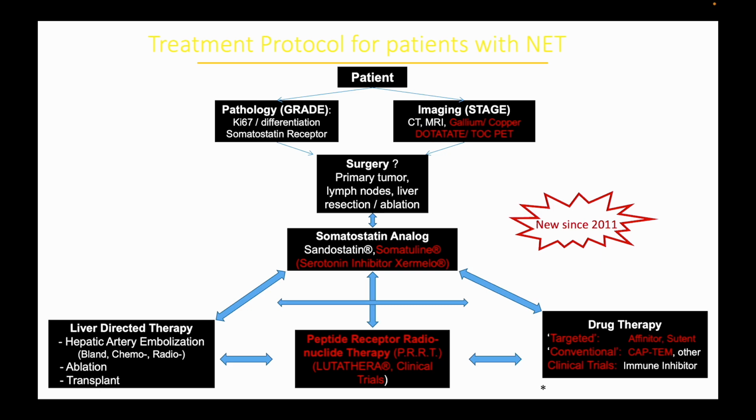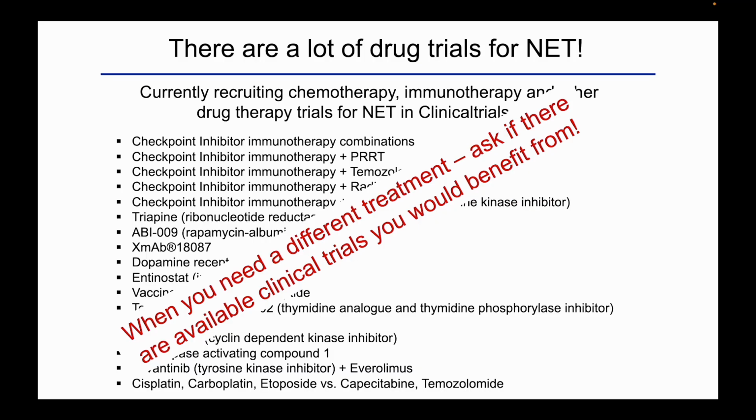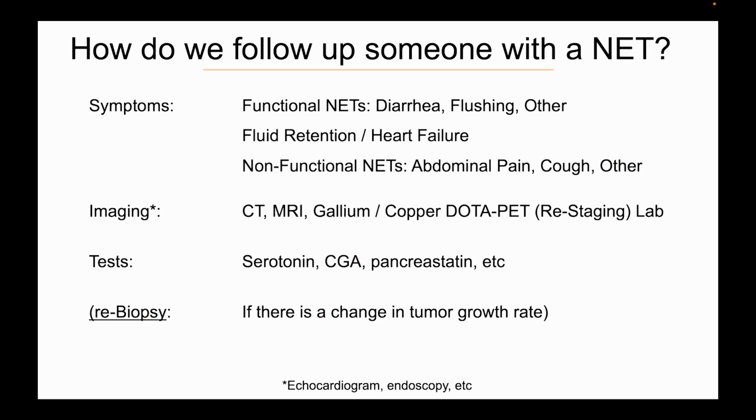Progress doesn't stop. There are lots of clinical trials for new drugs. There's real excitement with certain drugs. There's real excitement with new forms of PRRT that you'll hear about this afternoon, and I think you'll gather some of the excitement. So when there is a discussion about changing therapy, don't forget to ask about these things.